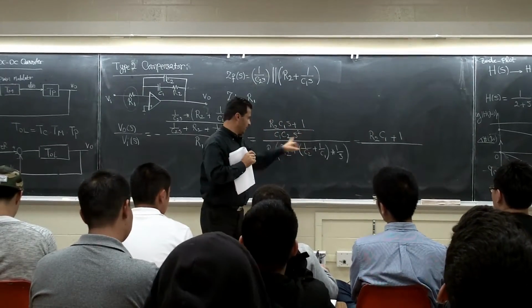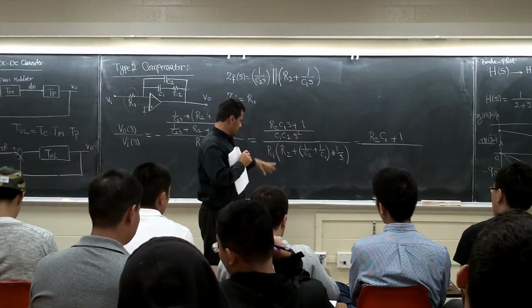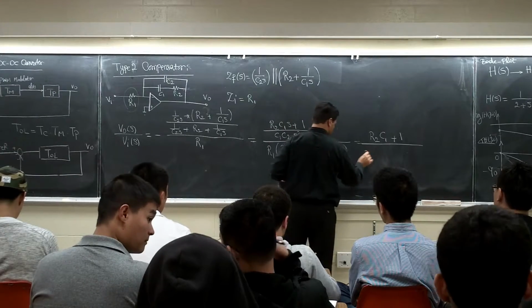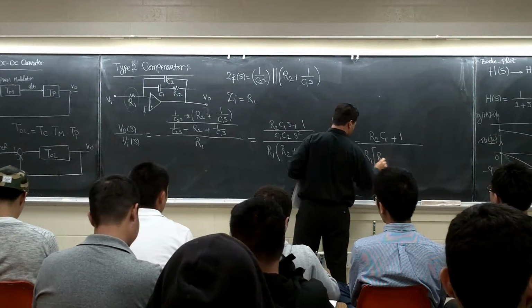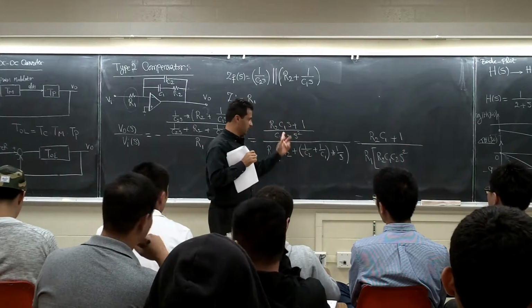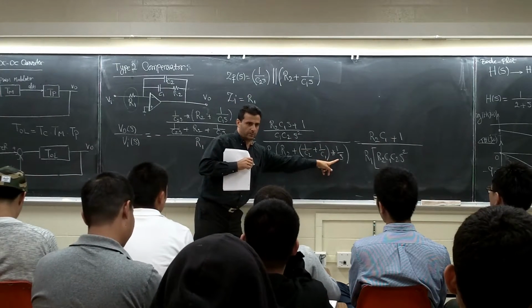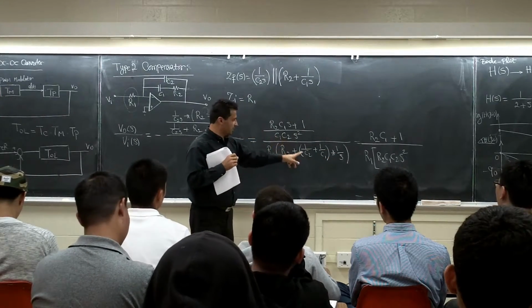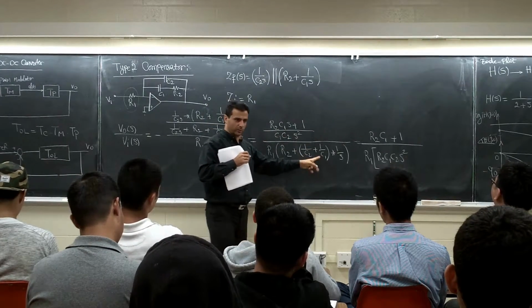So we're going to multiply by this. If we multiply by this value, it's going to be R1 times R2 C1 C2 s squared. So this part times this, right? Now this one times this. One of the s is going to cancel, right? C1 C2 times this one is going to be C1. C1 C2 times this one is going to be C2, right?